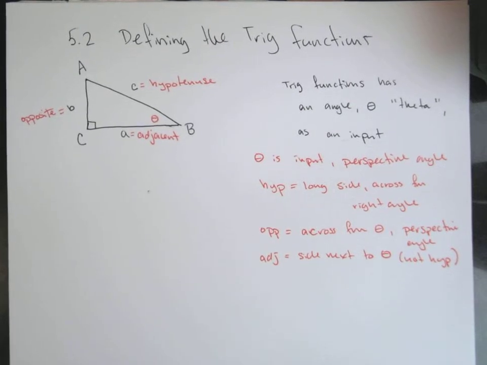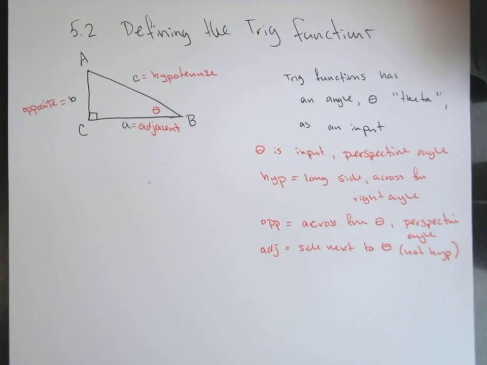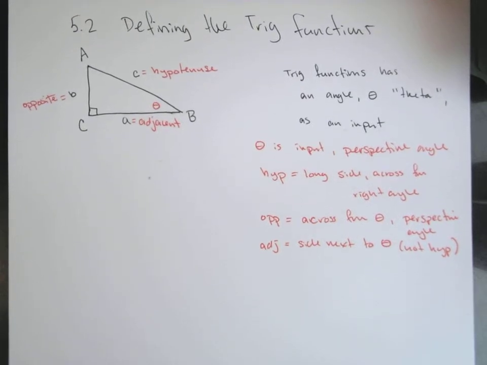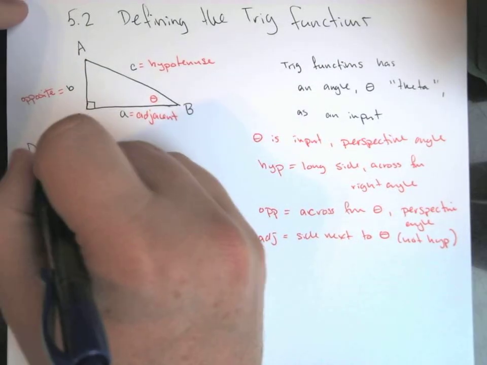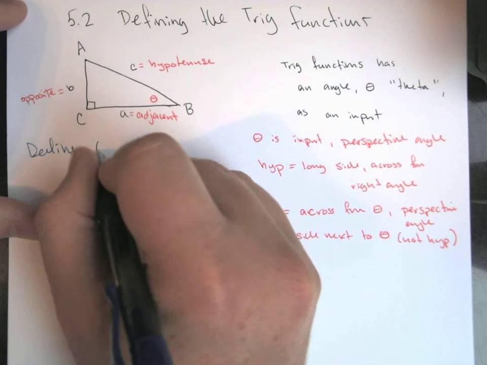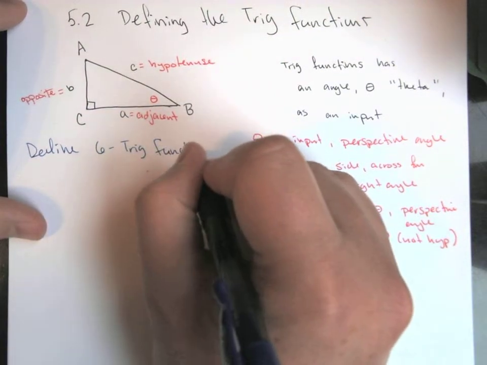So that's our naming setup, and we need these names because what we're going to do now is define all 6 of these trig functions based on the side lengths. So the input is an angle, so we define our 6 trig functions.